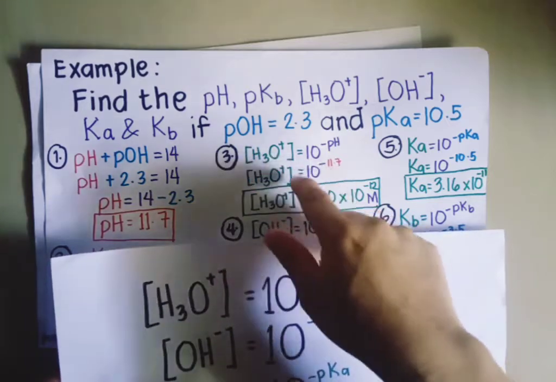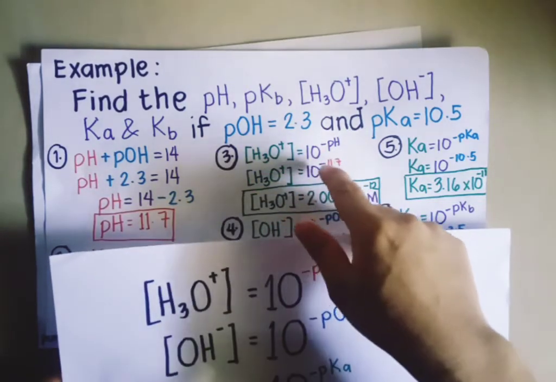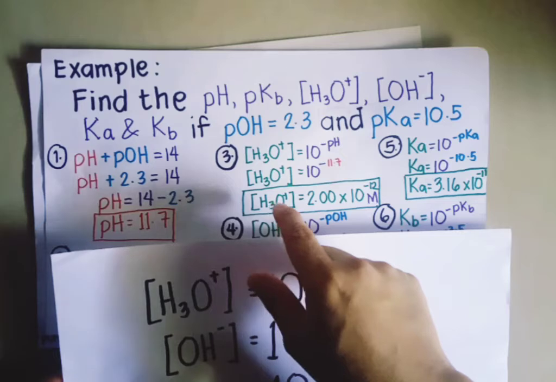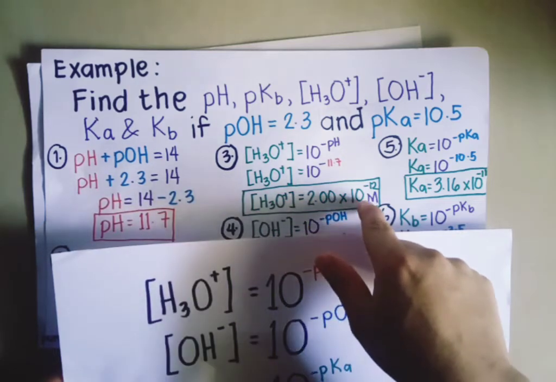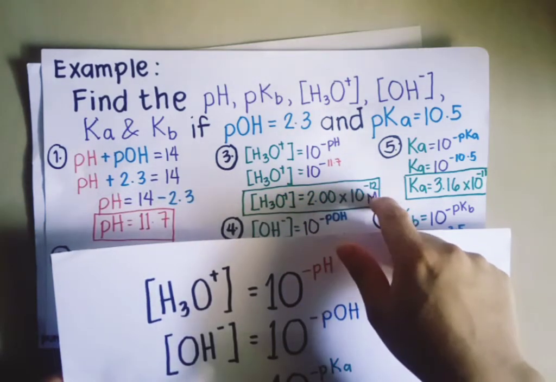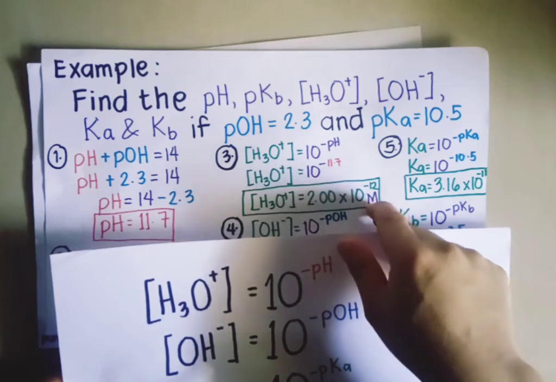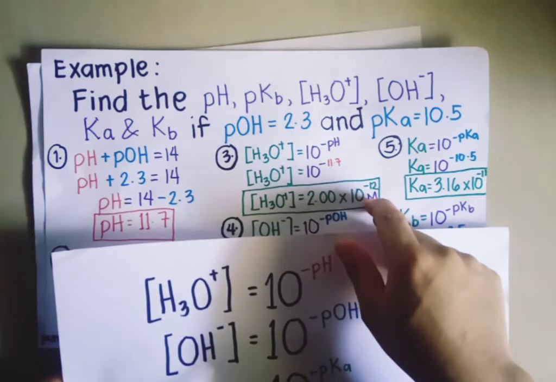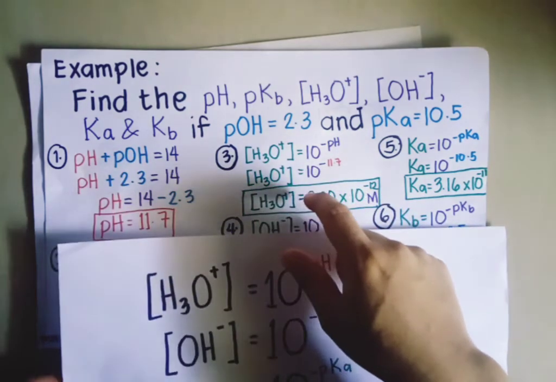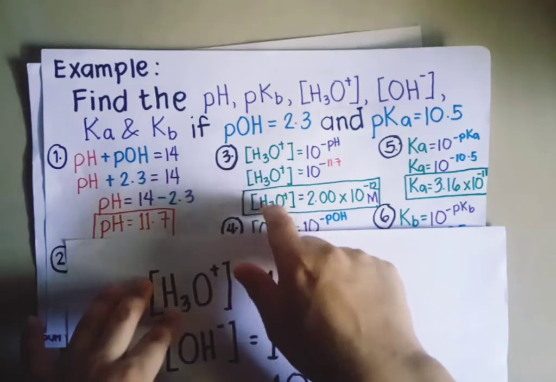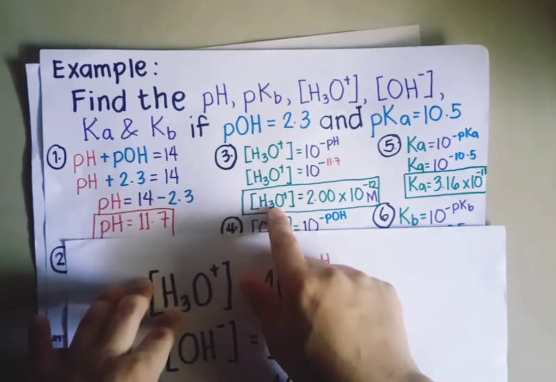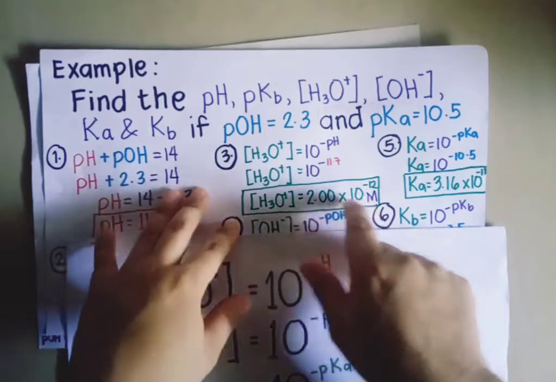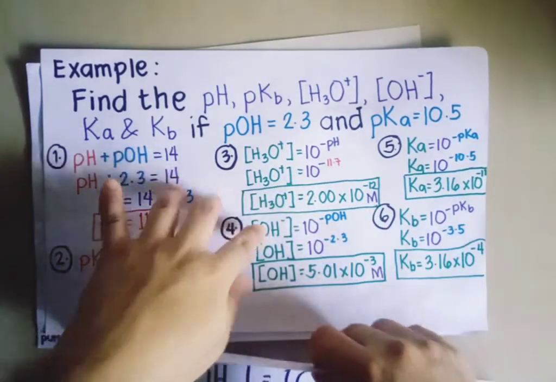If we do this in our calculator, the answer will be 2.00 times 10 raised to the negative 12 molar. Take note of our unit here. Our unit is molar because we are asked to find the molar concentration of hydronium ion.